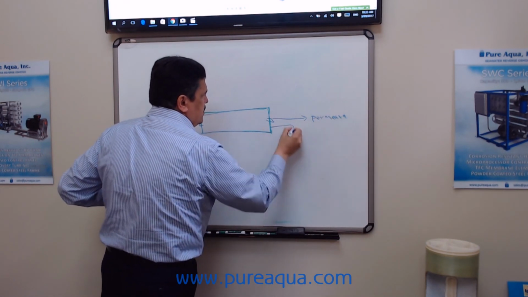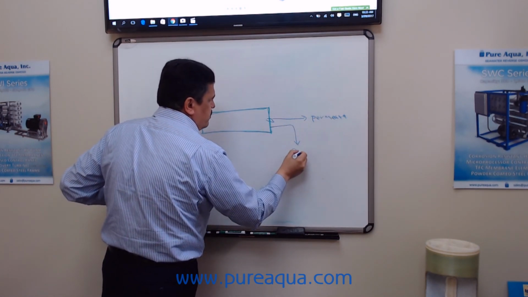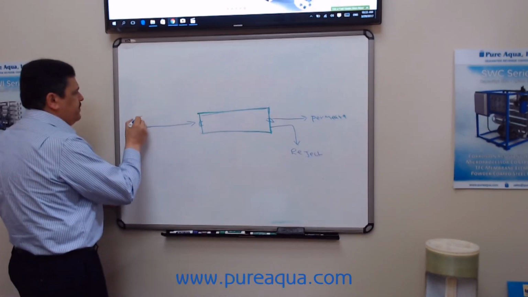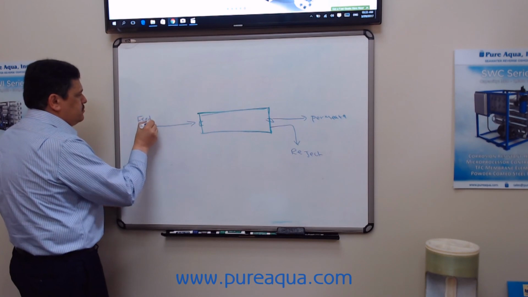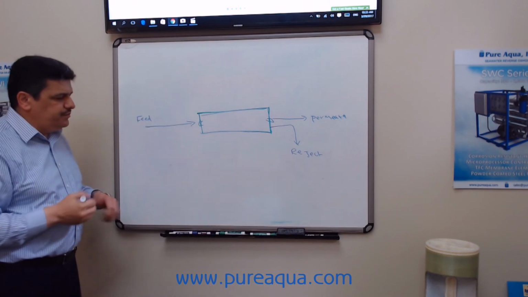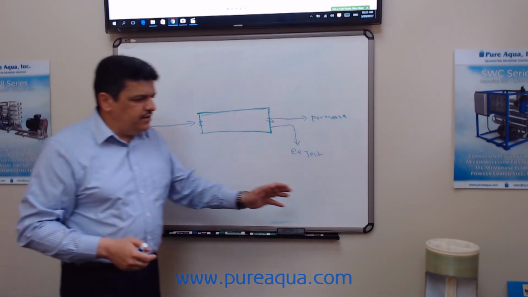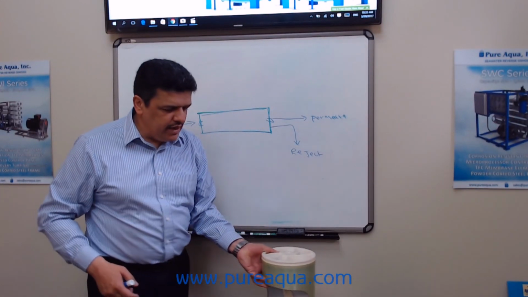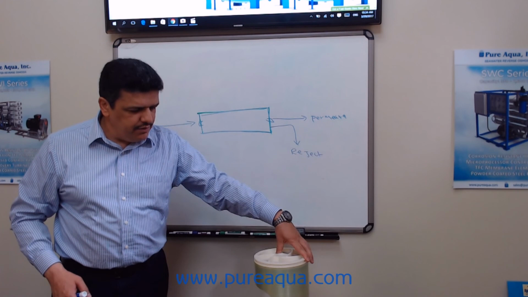And we have another stream, which is what we call the reject. And we have what we call the feed. Now, this is how the membrane looks like. That's a sample of the membrane.